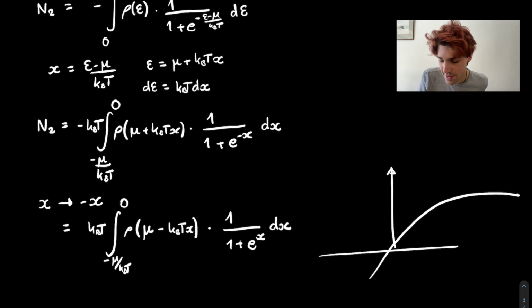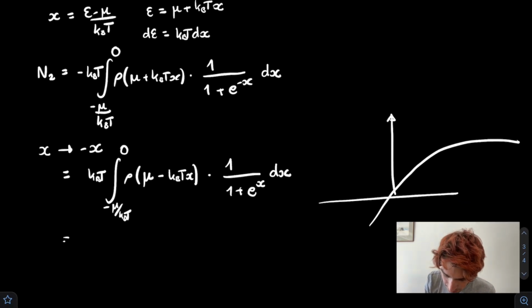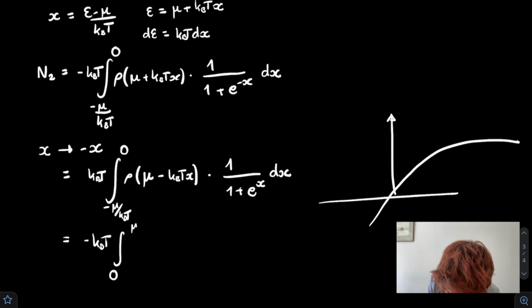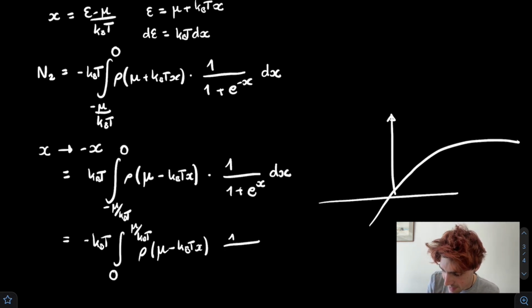As long as you flip the sign of the limits and flip the sign of the function, you're doing a reflection in the x equals 0 axis. Then you can rewrite this as one and the same as minus kBT multiplied by the integral between 0 and mu over kBT of the same thing. That is true of all functions. You've just basically mirrored it, and you're evaluating the exact same thing under the curve. So e to the x minus 1.